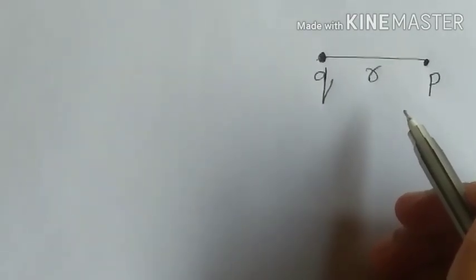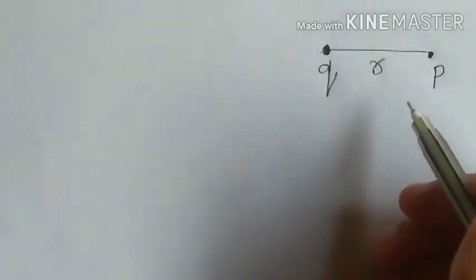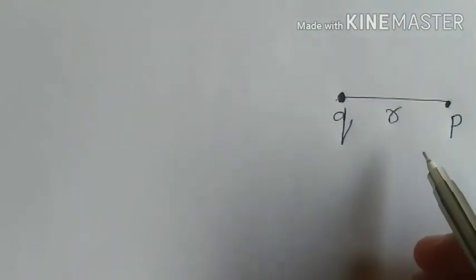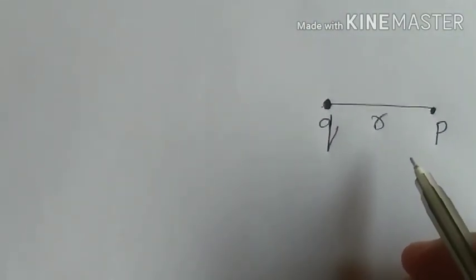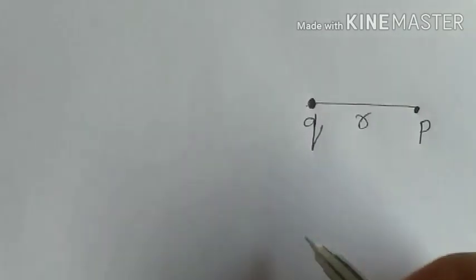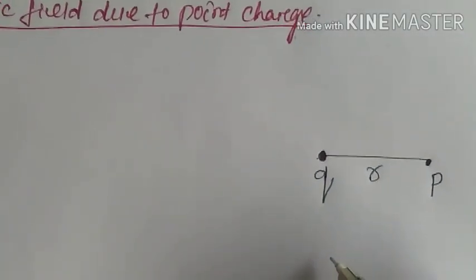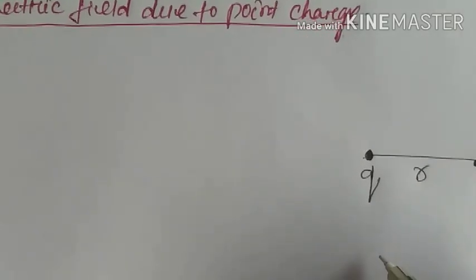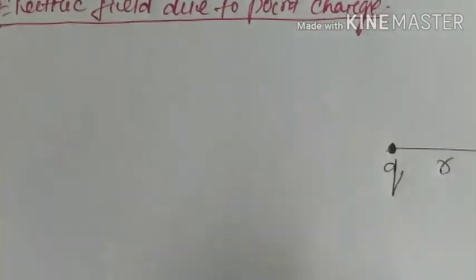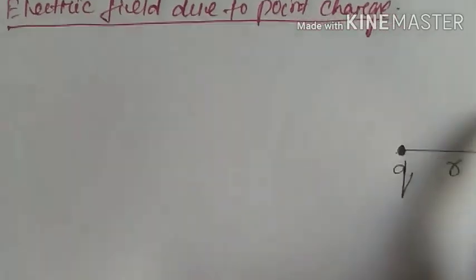Our first step is what? To choose a Gaussian surface. Why choose a Gaussian surface? We choose it such that we can maintain symmetry, to keep the value of E constant. That is possible only if r is fixed throughout.